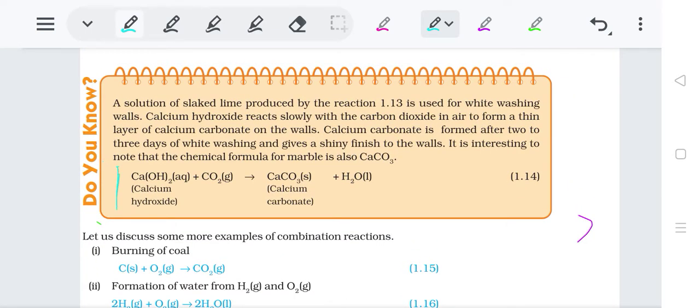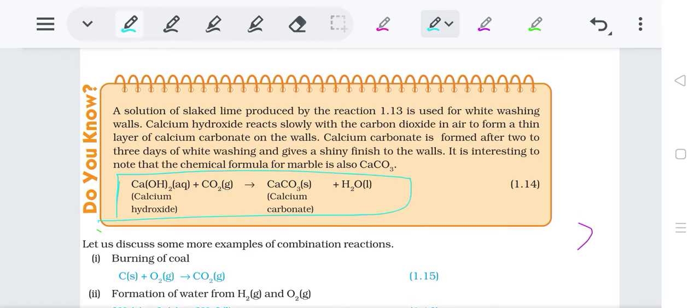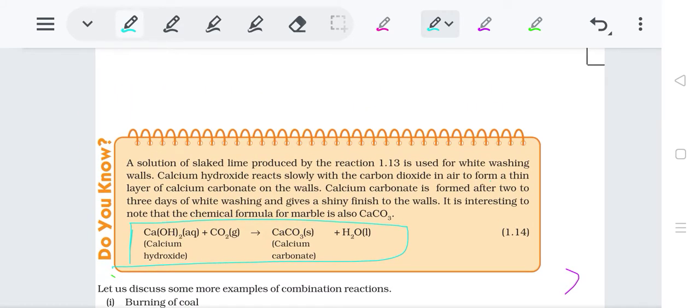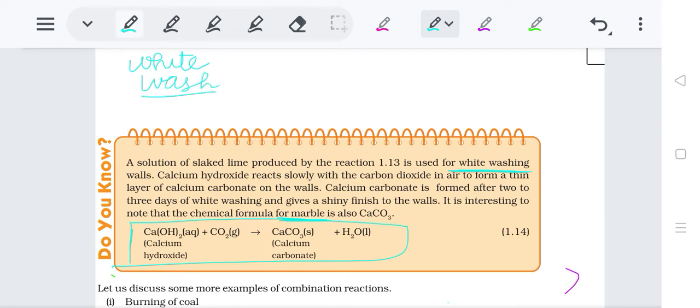Moving further, we have this box. Here they are telling us the preparation of calcium carbonate. Calcium carbonate is also known as marble and it is used for whitewashing. When we whitewash our walls, after 2 to 3 days it starts to shine, not on the first day. Why? Because the first thing we apply on our wall is calcium hydroxide, which is slaked lime.